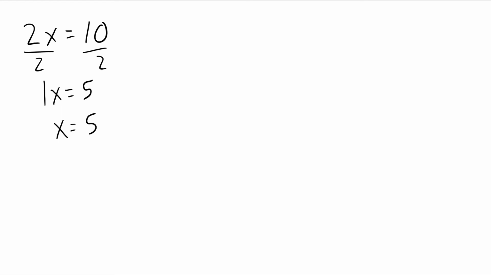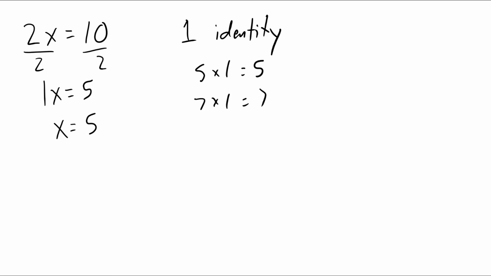In this case, the number 1 is called the identity. So it is the real number identity. It is the number that we can multiply anything by and get that same something. So 5 times 1 is 5. 7 times 1 is 7. 10 times 1 is 10, and so forth and so on.